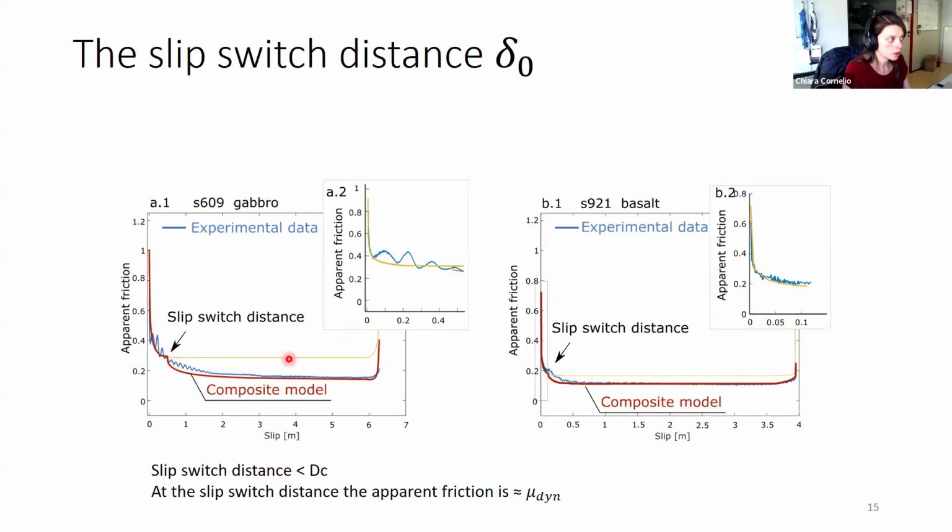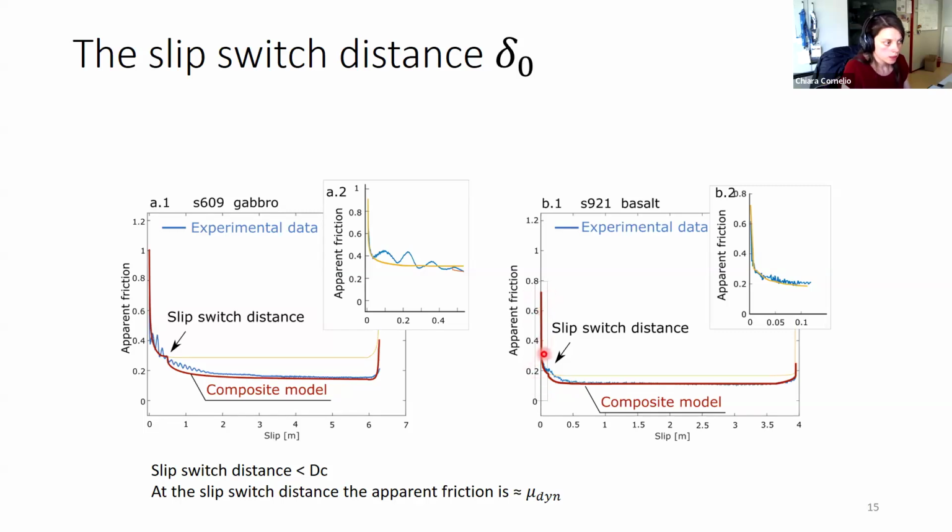But if we consider the composite model, we have the red curve over here, and we can identify this slip switch distance. From the experimental data, we can see that the transition between what is happening at the asperity scale and what is happening at the bulk scale is much smoother compared to what our model can predict. But this slip switch distance can give us an idea of how important what is happening at the asperity is.